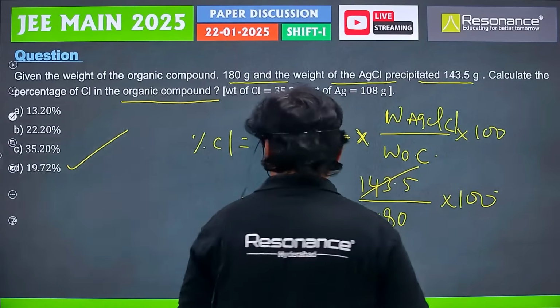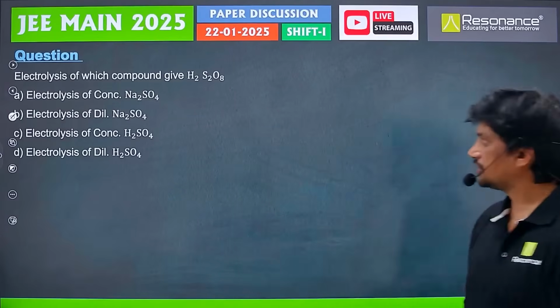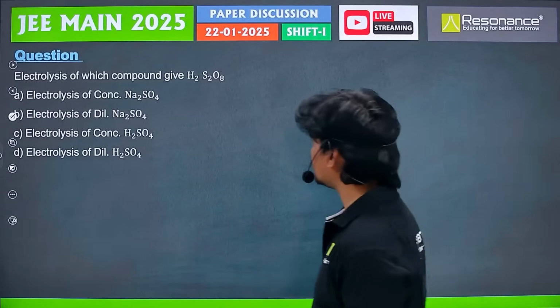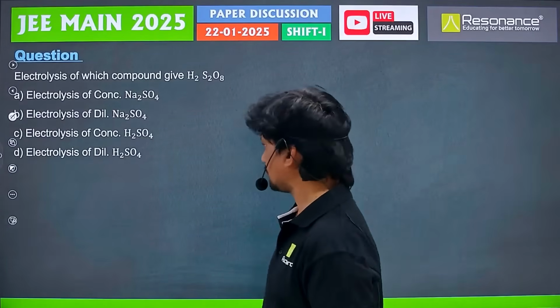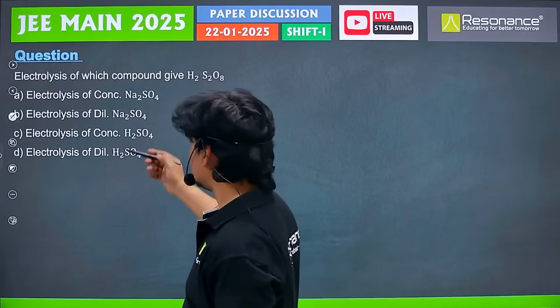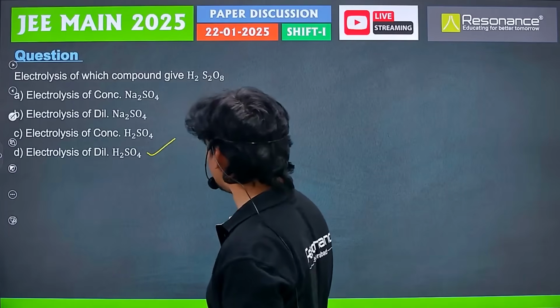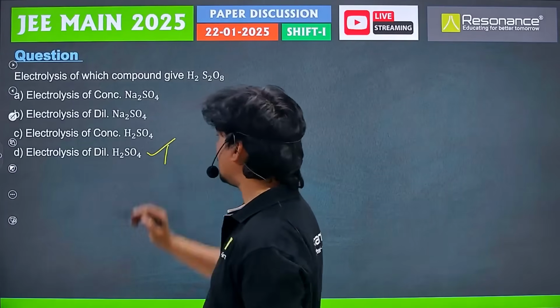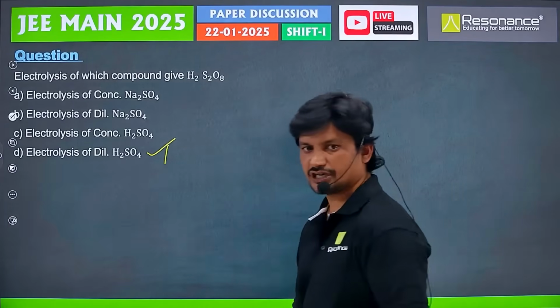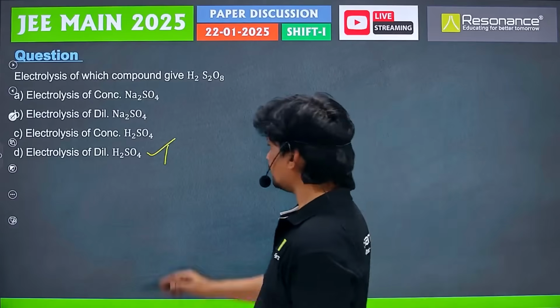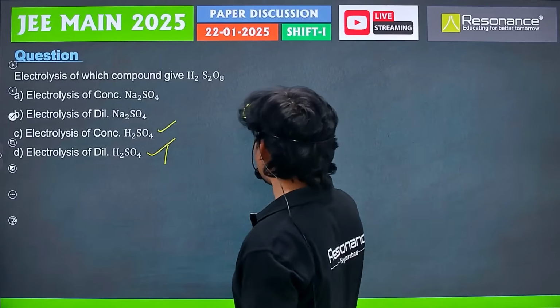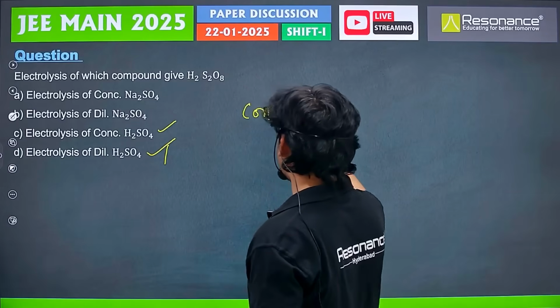Next question. Electrolysis of which compound gives H2S2O8? Take electrolysis of dilute H2SO4. Dilute H2SO4 does not give H2S2O8, peroxydisulfuric acid. Take concentrated H2SO4.